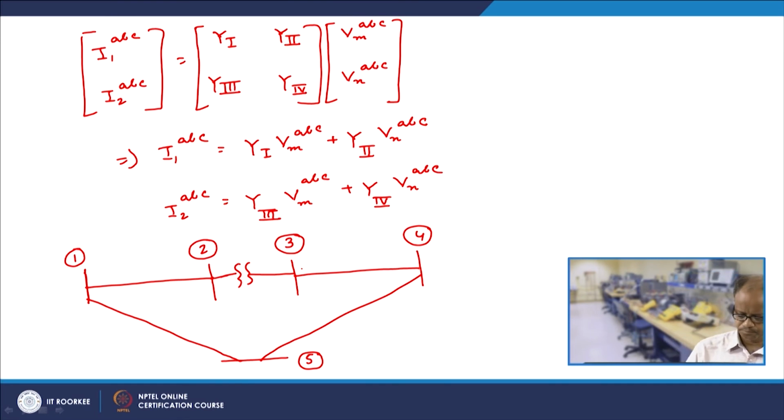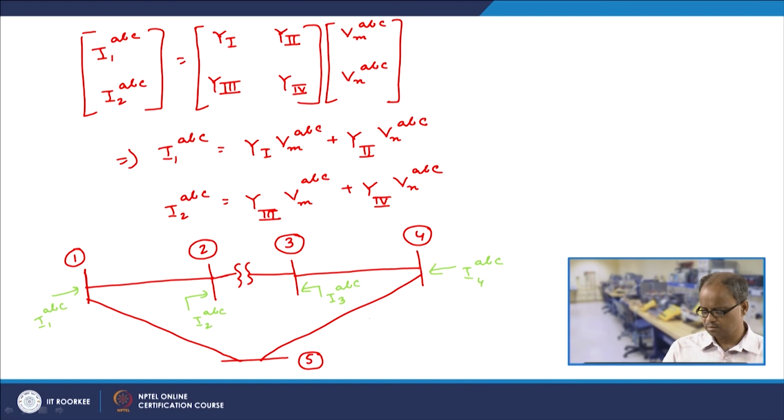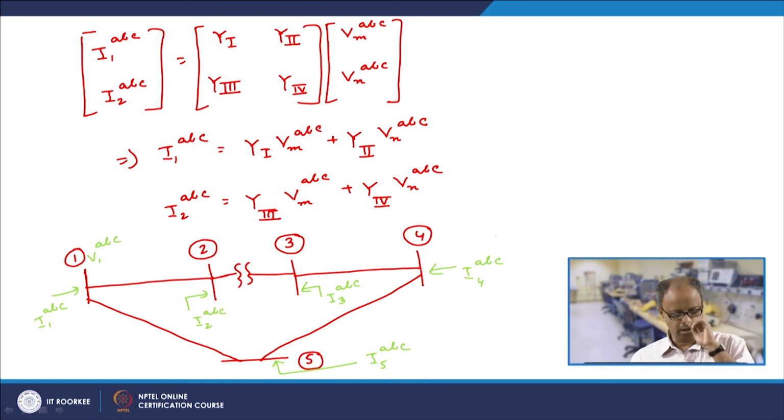So again, as usual, we take that this current is I1 ABC, this current is I2 ABC, this current is I3 ABC, this is I4 ABC, this is I5 ABC, and these voltages are V1 ABC, V2 ABC, V3 ABC, etc. And all these lines, there are 4 lines, 1, 2, 3, 4, are represented by their equivalent pi model.